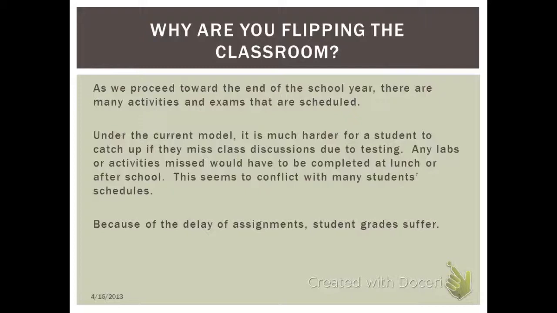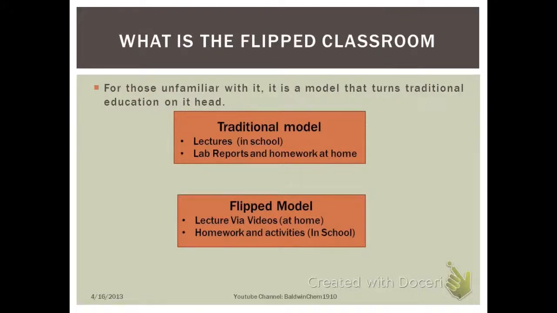For those who are unfamiliar with it, the model is said to turn the traditional model on its head. Under the traditional model, students come into the classroom, I stand up front and give them information, then they go home to try to make sense of that information to complete assignments, either homework or lab reports or different things like this.